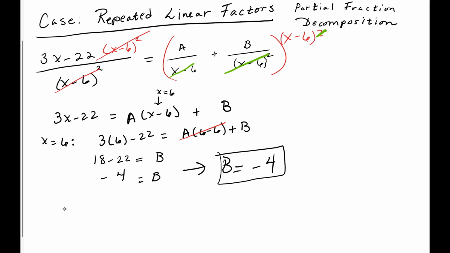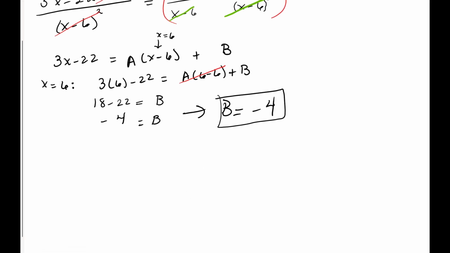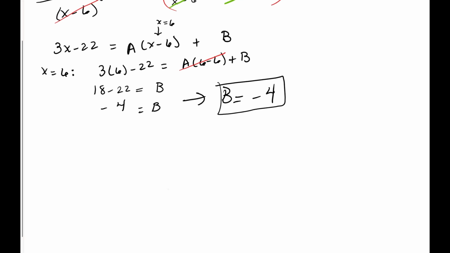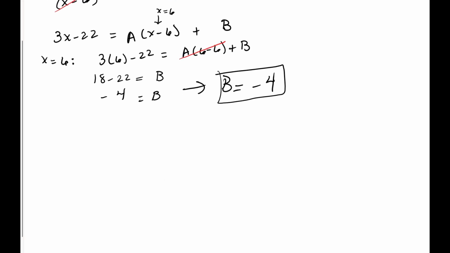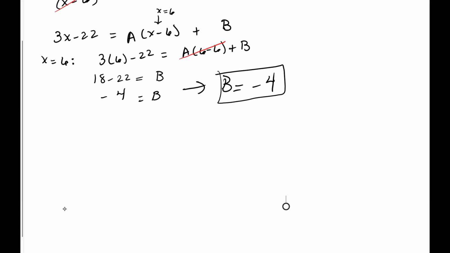Now we're going to solve for A. The trouble is we don't have anything with B that we can necessarily cancel to solve, so we can use the fact that B is negative 4, right? We already know that part. So now we ran out of wise choices, so let's pick good choices for x, something that'll help make our life really easy. Good choices for x are simple values like 0, like 1.